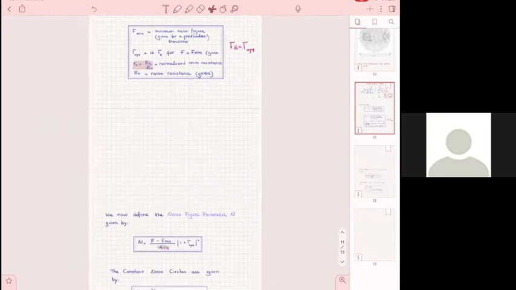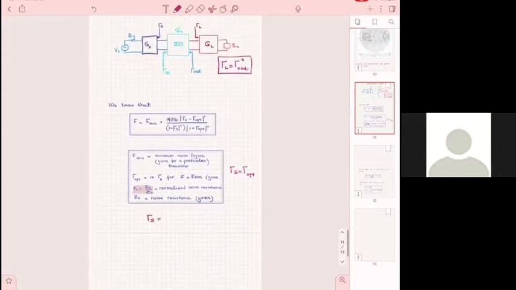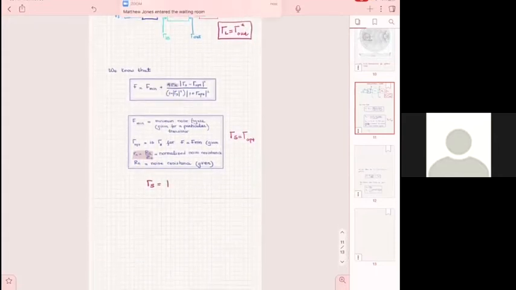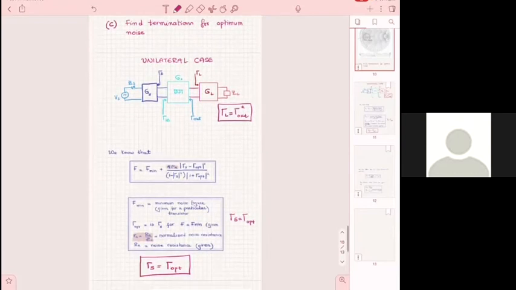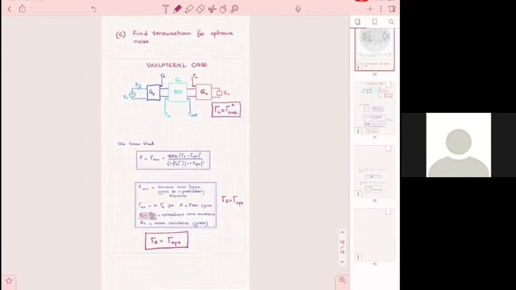Now, since I know gamma optimum, in this particular case gamma S should be gamma optimum. And now I found gamma S, I found gamma out, gamma L, and now I'm done practically for this problem, for C. Do you have any questions about that? Do you have any questions about how I calculated it?